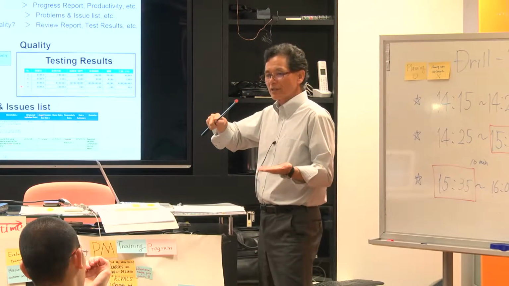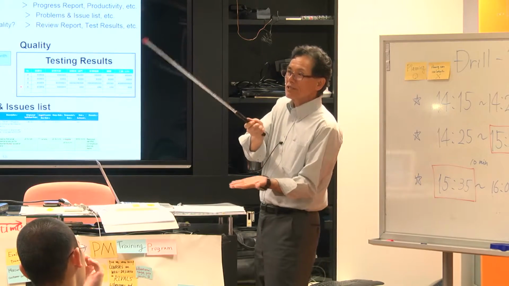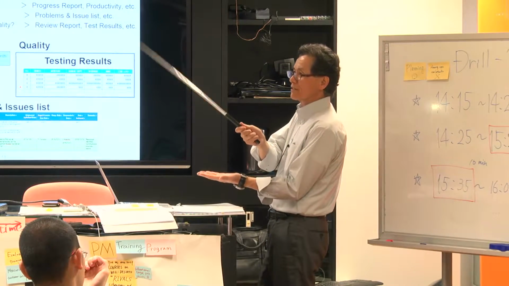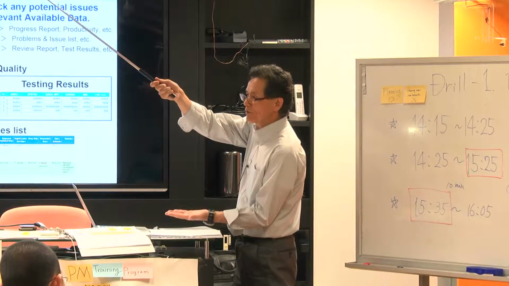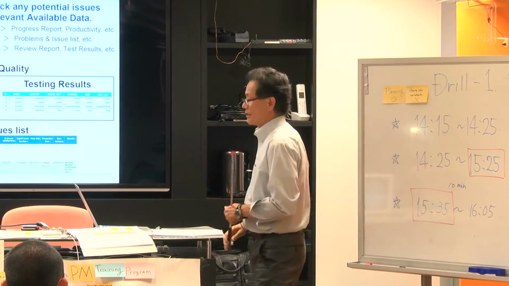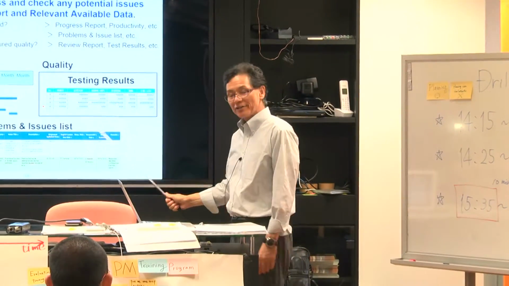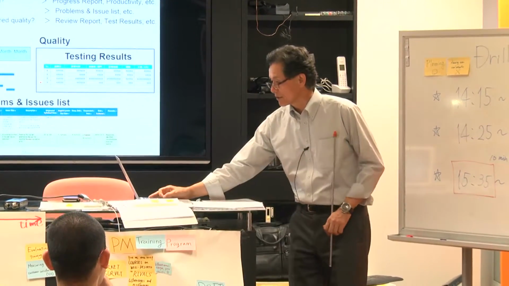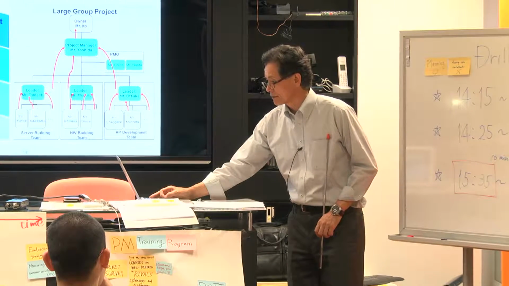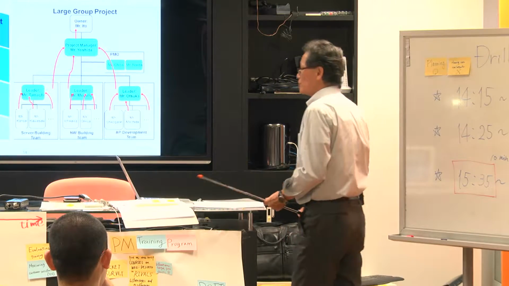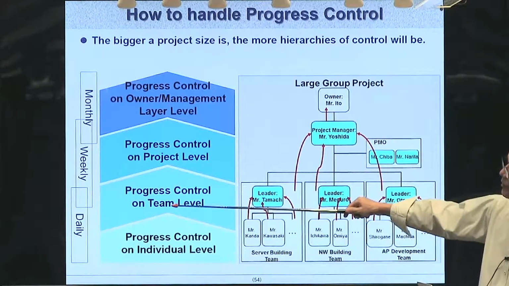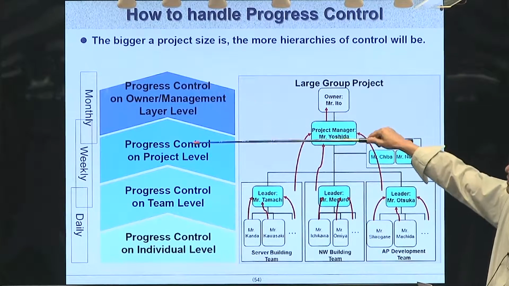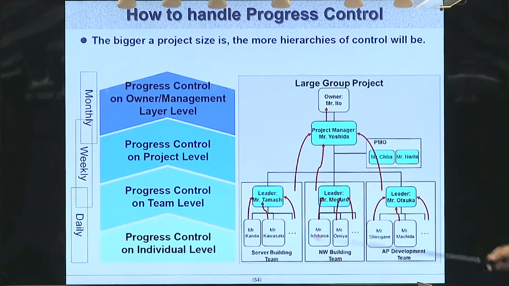If the pace is the same, okay, but the speed of increasing problem is bigger than you can fix. And if it takes 2 months, the gap will be much more. So you can predict the health of the project. So usually report will go up from individual level, team level, project manager level, and sponsor or owner level, and you are here.